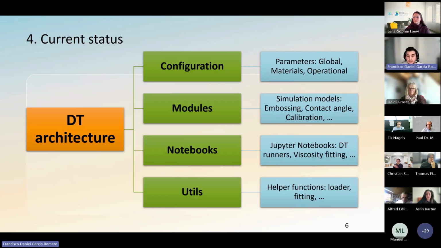Next, you have the modules, which are basically the simulation scripts that you use in the digital twin for the simulations. At the moment, the most critical parts are the embossing and the contact angle predictor of the process. So that's what we have in the modules, and all of this information will go into the notebooks, which are at the moment Jupyter notebooks, which is what the users can use to run simulations, to have predictions, and to see visualization of the results.